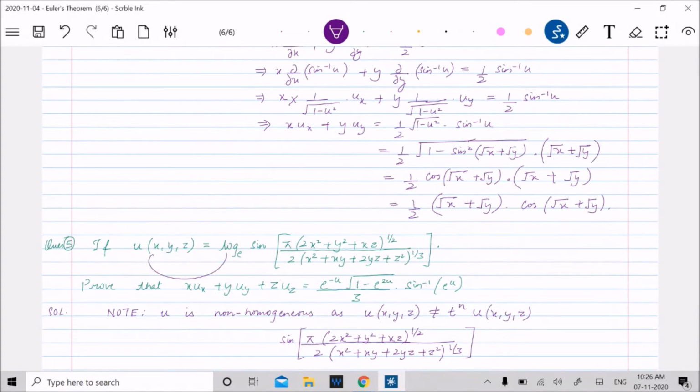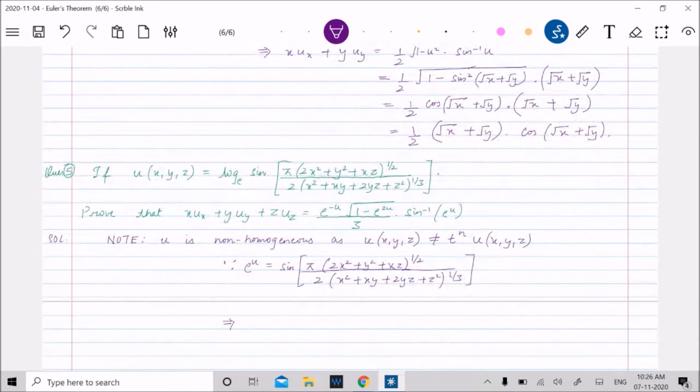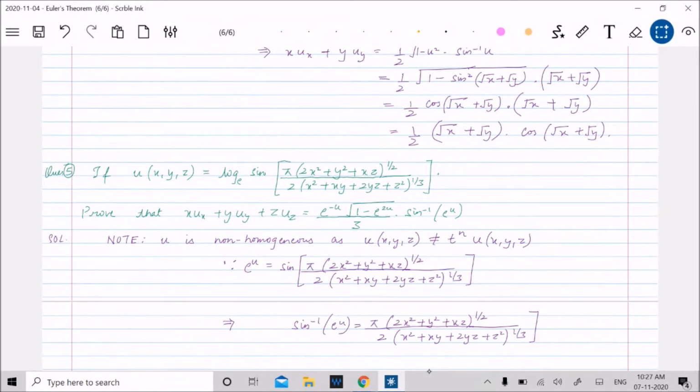Let me bring this log on the left hand side, then what it will give? It will give e to the power u is equal to this much, right? And in the very next step, you will again bring this sine here. That will give you what? That will give you sine inverse e to the power u is equal to this much, and that is assumed as w.